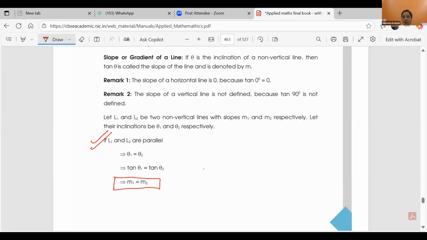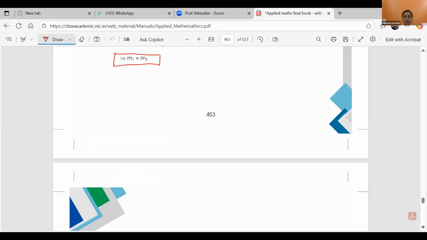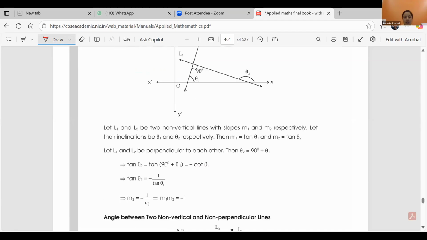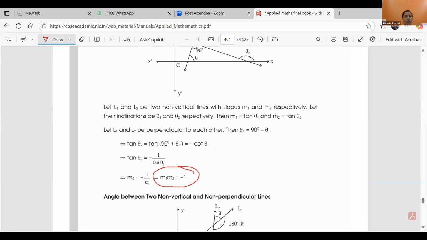Yes, ma'am. We have also covered that if two lines are perpendicular to each other, the product of their slopes will be -1, right?